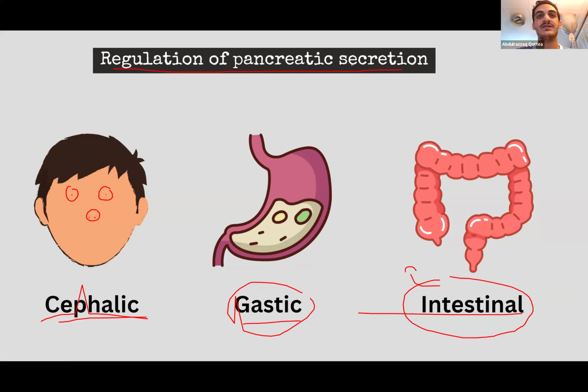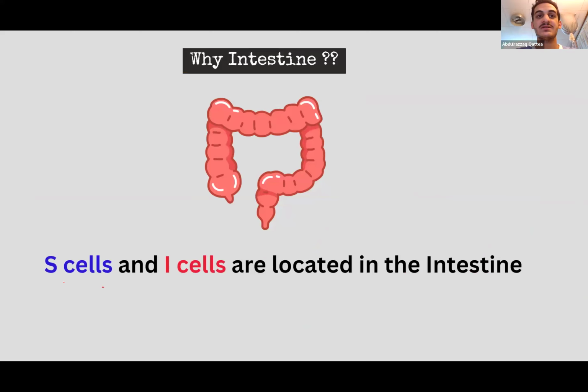And Sidra also. The reason behind that is you have the S cells and the I cells in the small intestine and the duodenum. What stimulates the pancreas is the S cells and I cells.